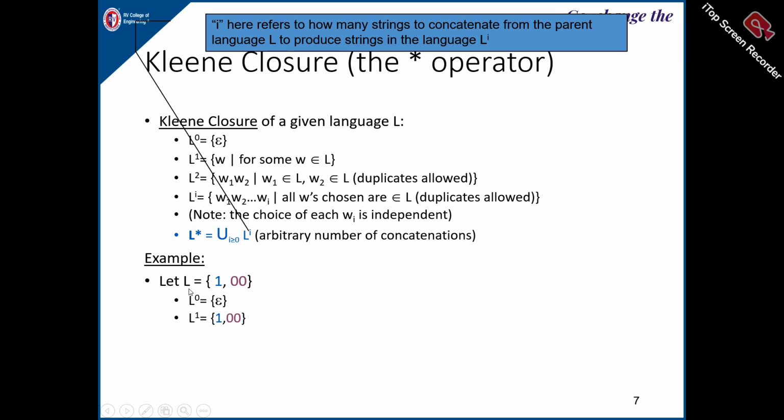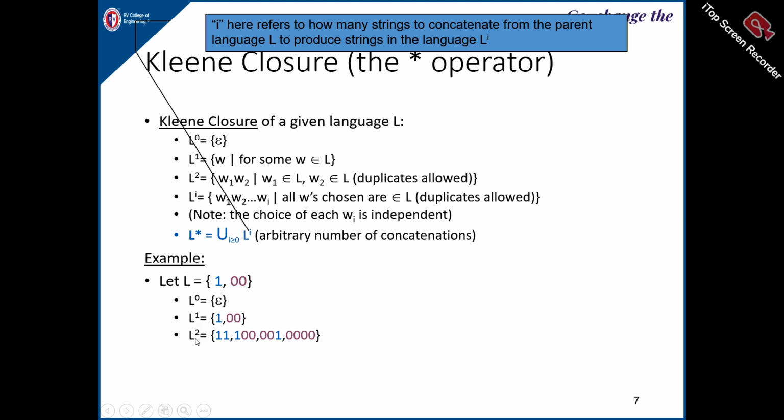Next, L raised to 2 is obtained by taking two strings from the language. I can concatenate 1 with 1 to get 11, or 1 with 00 to get 100, or 00 with 1 to get 001, or 00 with itself to get 0000. So these are the four strings which I can obtain in L square.